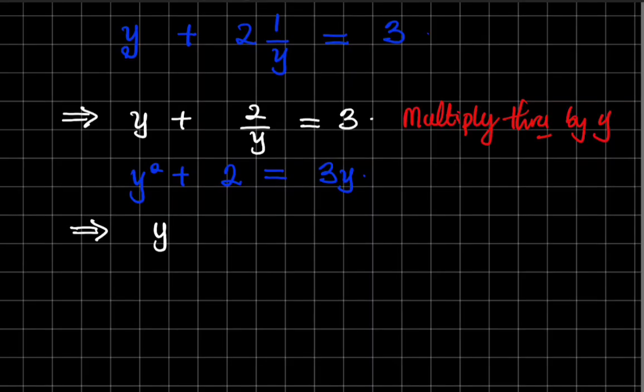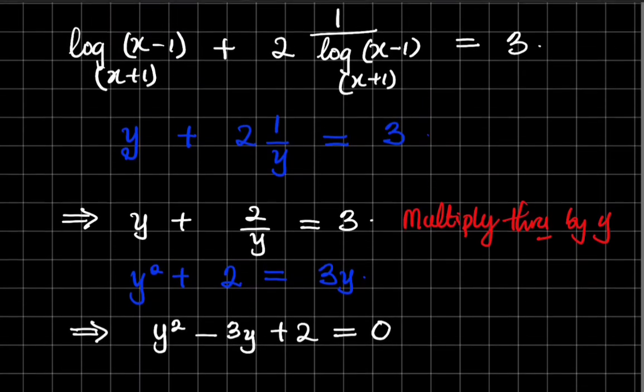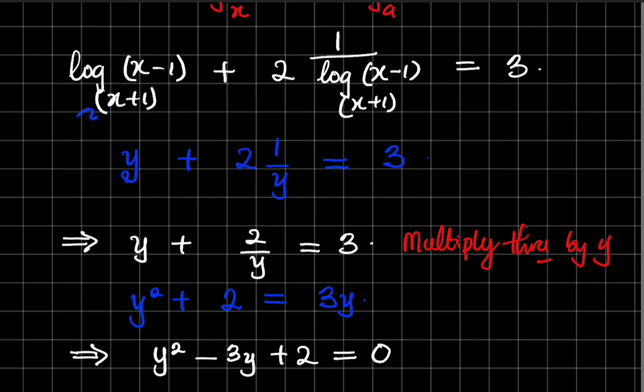So we have y square, let's bring 3y in, so we have minus 3y, then plus 2 is equal to 0. If we can find the value of y here, then we equate it back to what we used to represent y.